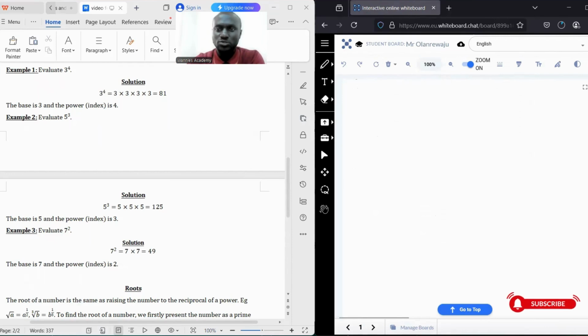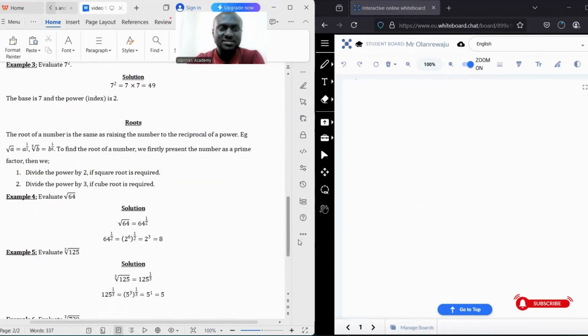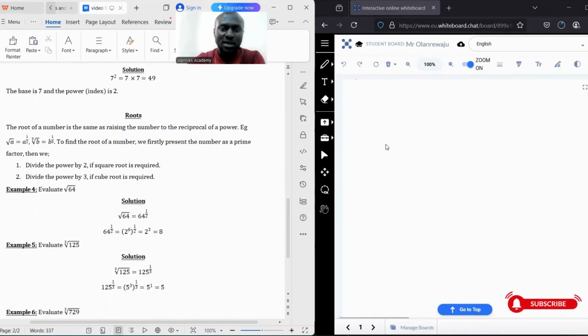Next, we go to roots. The root of a number is the same as raising the number to the reciprocal of its power. E.g., square root of a can be written as a raised to the power 1 over 2. 1 over 2 means the reciprocal of 2, the square part.